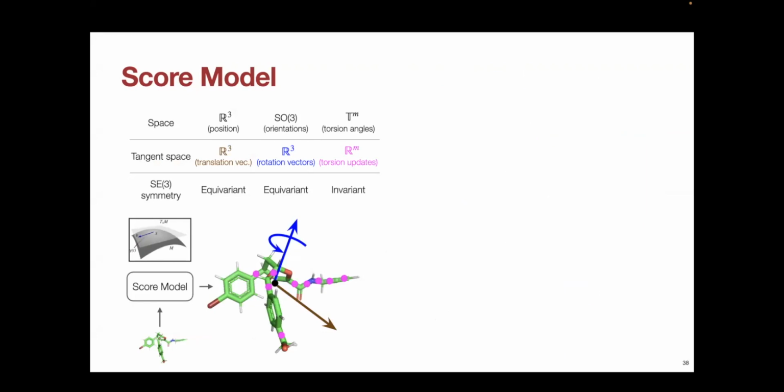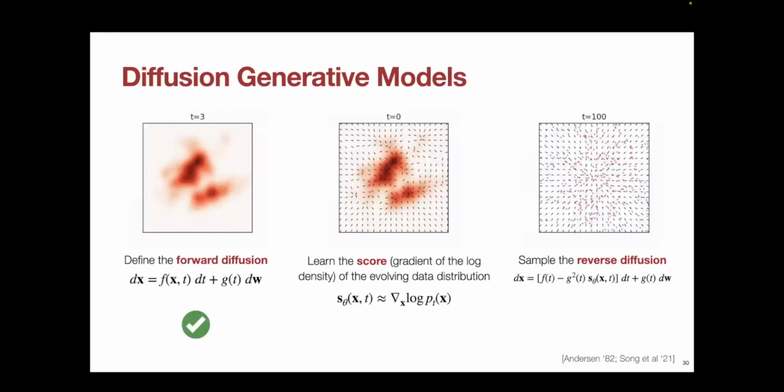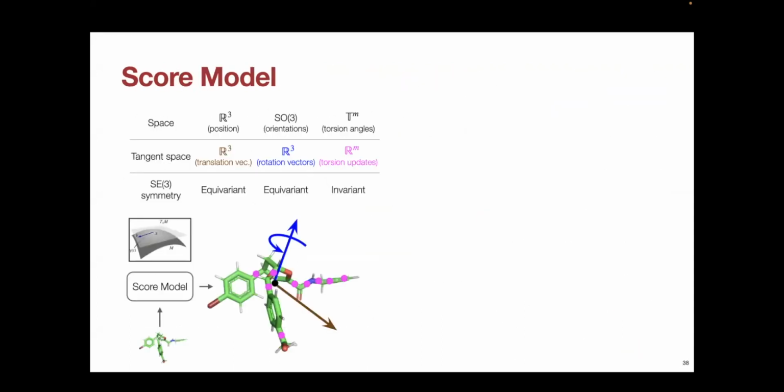So as I overviewed here, in diffusion models the neural network is predicting the movement that would bring the pose towards the data distribution. Maybe this is the better slide. Sorry for so many slides. In this slide, the neural network is quite literally predicting a set of two vectors and a torsional velocity around each one of these. So it's all coming from the neural network, and it's all data driven. There's no physics-based sampling involved.